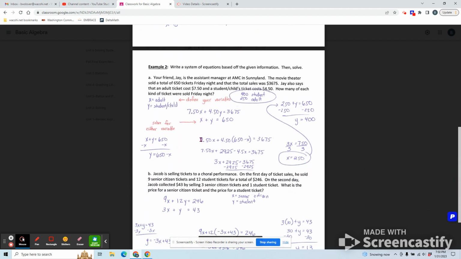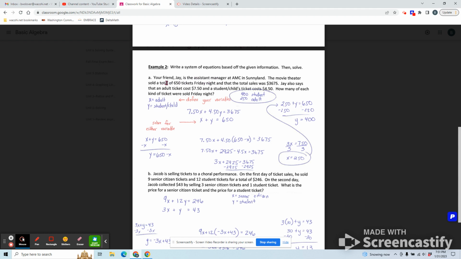Example 2 is the same concept, but this time there's, as you can clearly see already, there's more work involved because it's not just using just numbers, finding the difference or adding. This time it's a story problem. So your friend Jay is the assistant manager at AMC in Sunnyland.